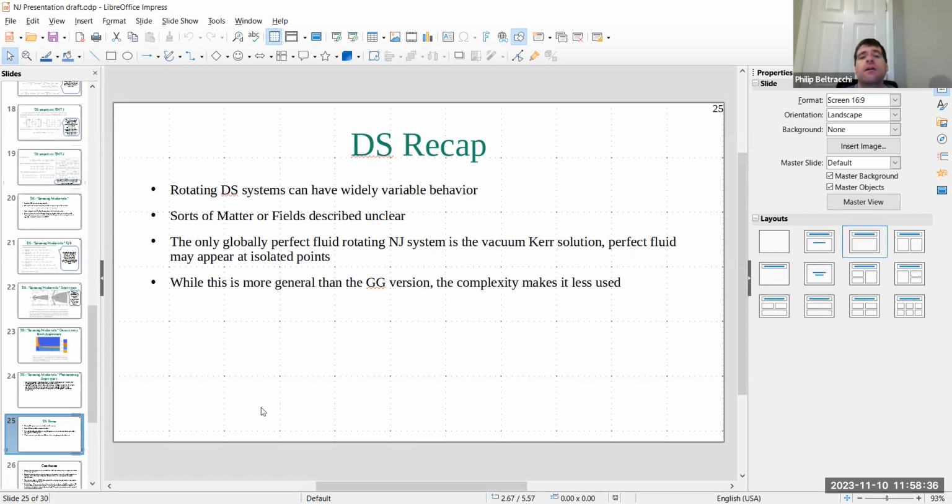We find another proof of this in addition to the one they found, but we find that the perfect fluid can occur at isolated spacetime points. And it's worth mentioning that this is more general than the Gurses-Gursey version of the Newman-Janis algorithm. The complexity makes it less used.